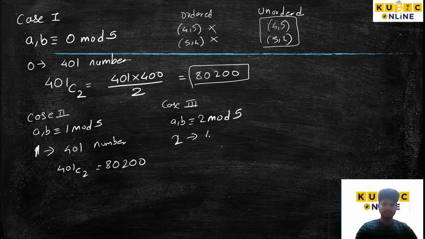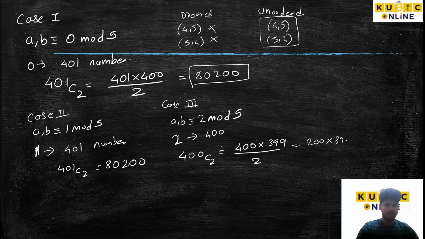How many numbers were there? 400. So now the answer will be 400 choose 2, which is 400 into 399 by 2, equal to 200 into 399, which is 79800. Okay. These many choices are there.